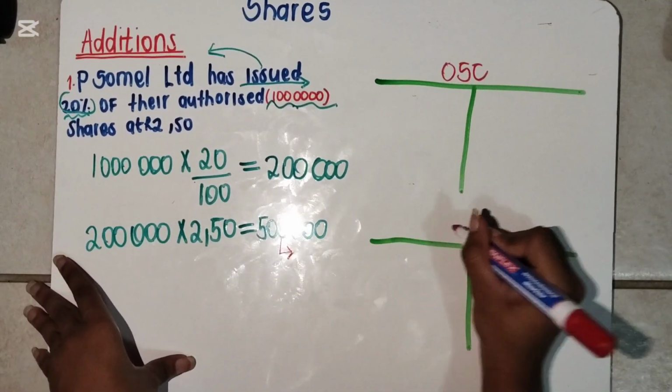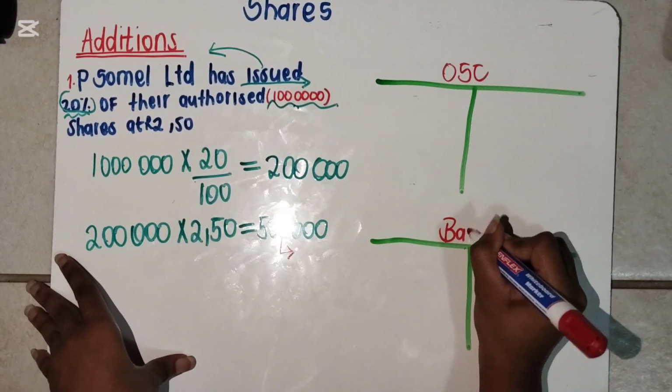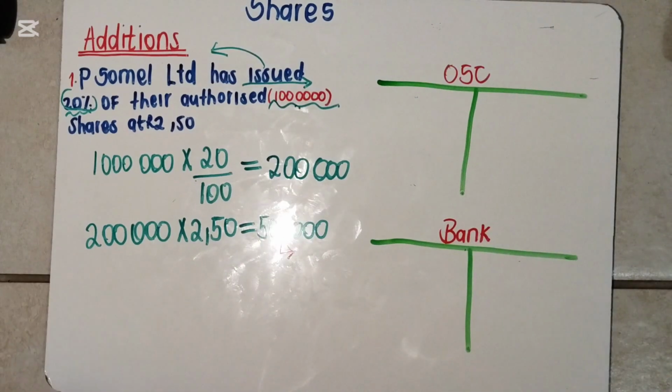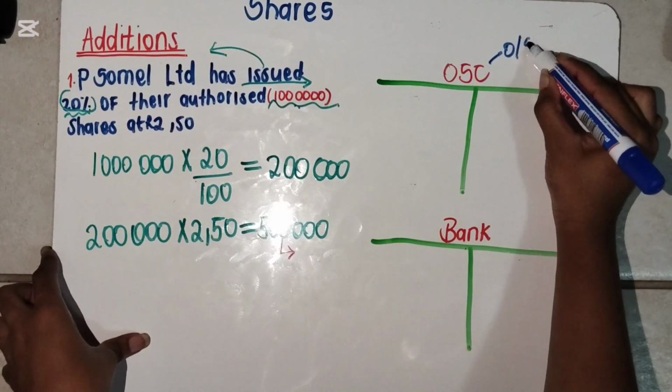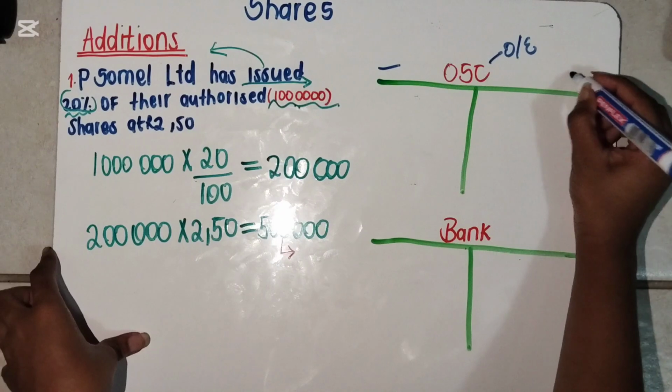Now let's allocate our signs. Ordinary share capital is definitely an equity account, meaning the signs are going to be negative and plus. And bank is an asset, and this is plus and minus. This is a grade 10 concept.